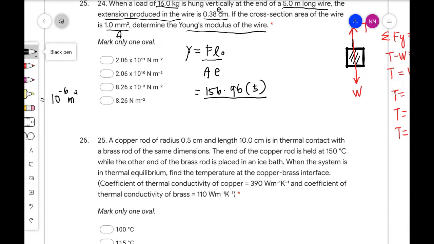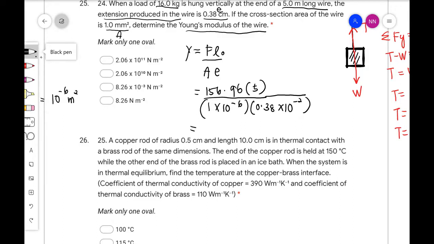The cross-sectional area of the wire is 1 times 10 to the power of negative 6, in unit meter squared, and the elongation is 0.38 cm. So convert to meter: 0.38 times 10 to the power of negative 2.